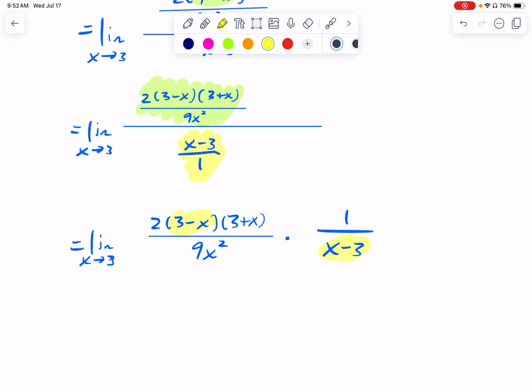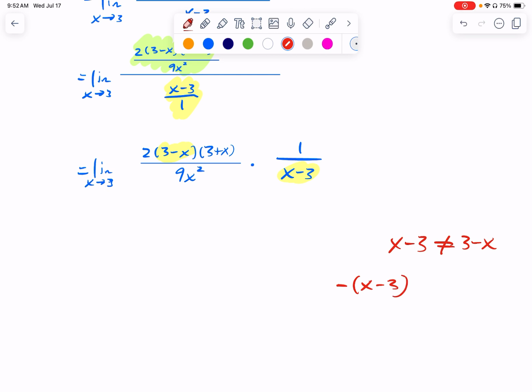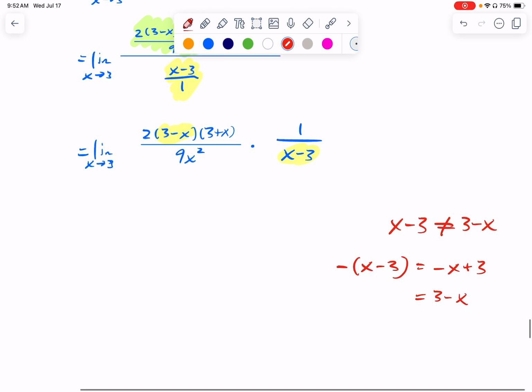Here we have 3 minus x. So let's just note something here. Generally speaking, x minus 3 is not the same as 3 minus x. So we can't just say, oh, they're the same thing, we'll cross them out. But they are opposites. If we multiply x minus 3 by a negative, that's negative x plus 3, which is the same as 3 minus x.